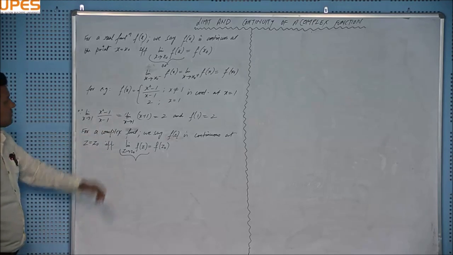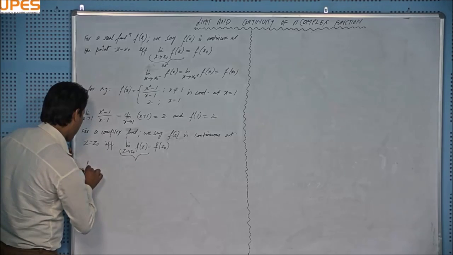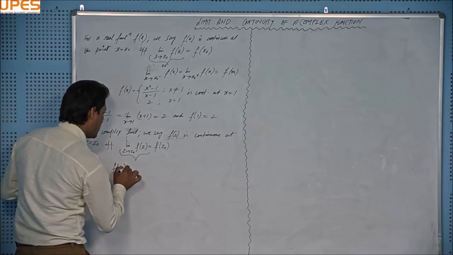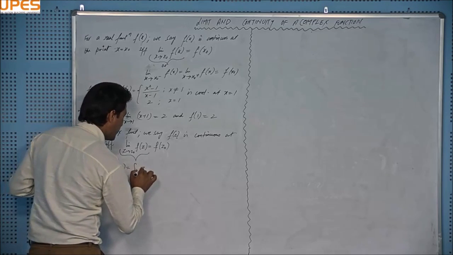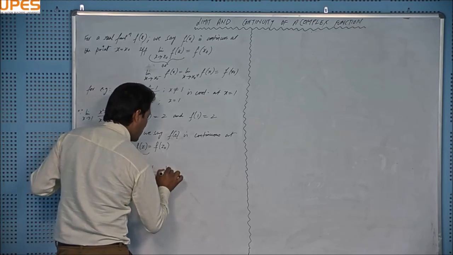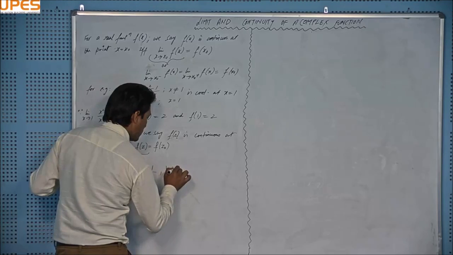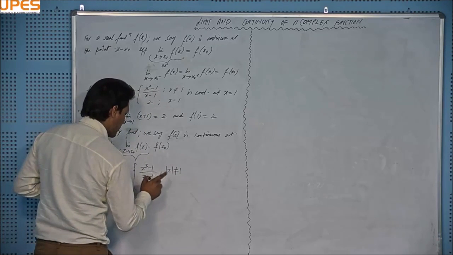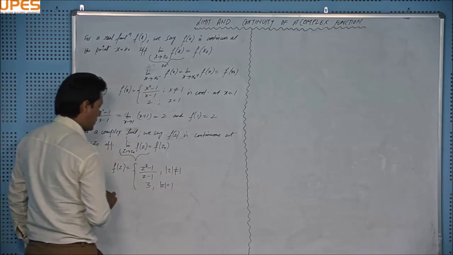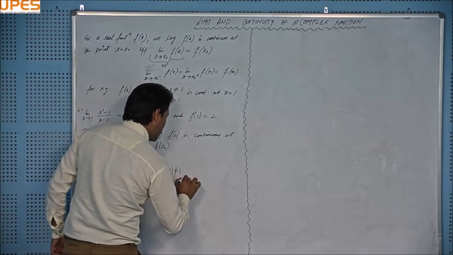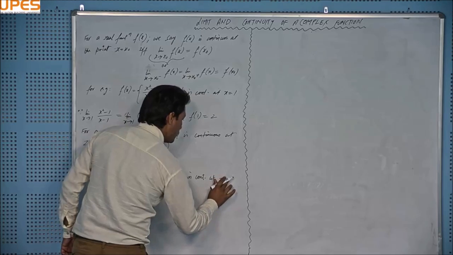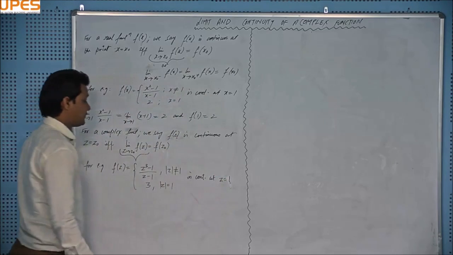So taking an example similar to this one, let me take f of z equal to z cube minus 1 upon z minus 1, for mod of z not equal to 1, and this will give 3 for mod z equal to 1. Is it continuous at z equal to 1?